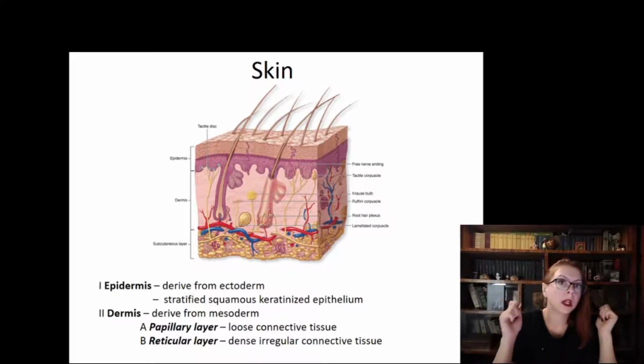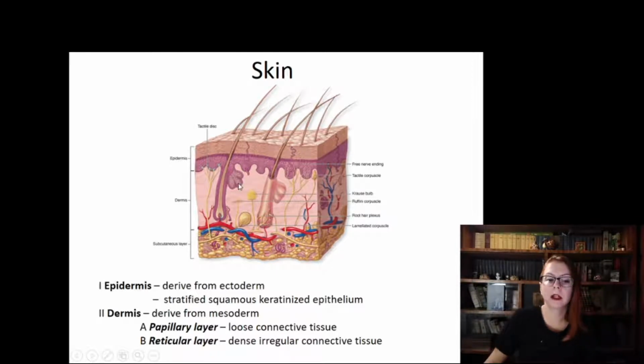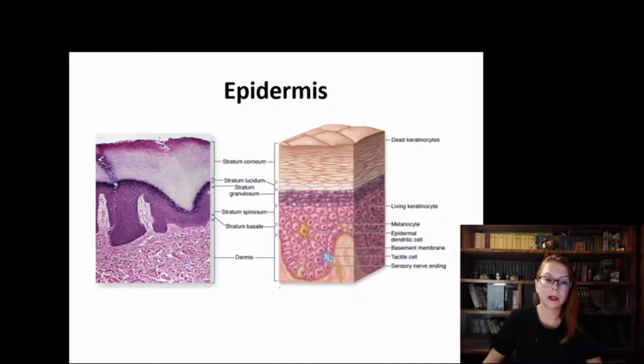Now let's move on and consider in detail all the layers of the epidermis, and after that the different structures associated with the skin, like hair, its associated glands, and many other things. The epidermis is a very thick epithelial tissue.